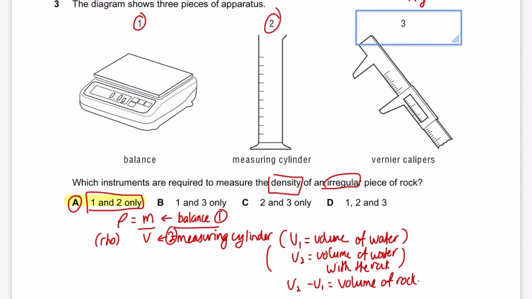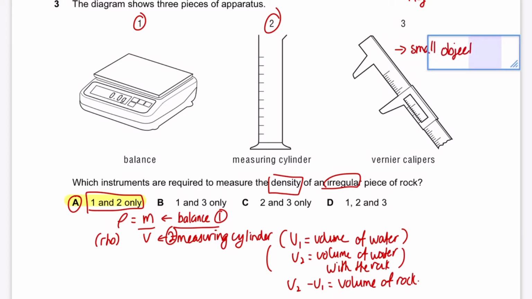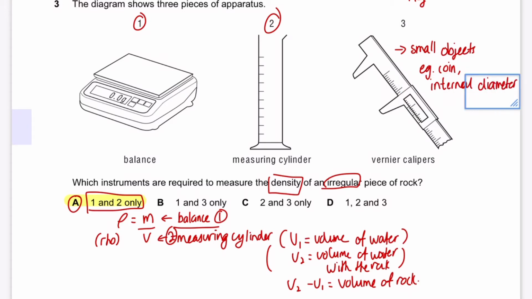Option 3 here is only used to measure small objects such as a coin, the internal diameter of a tube, a test tube, and some more. For now, let's just focus on this one. Alright, moving on to the next page, which is question 4.